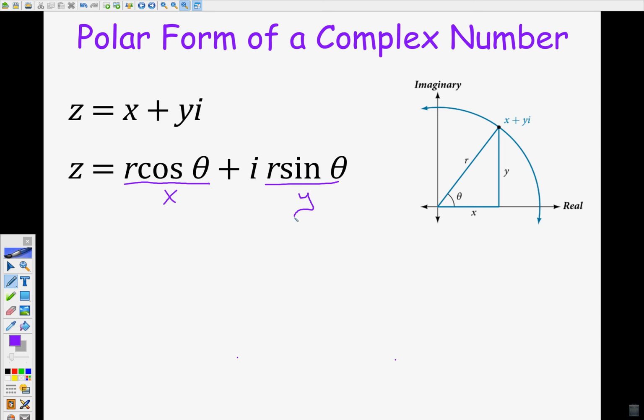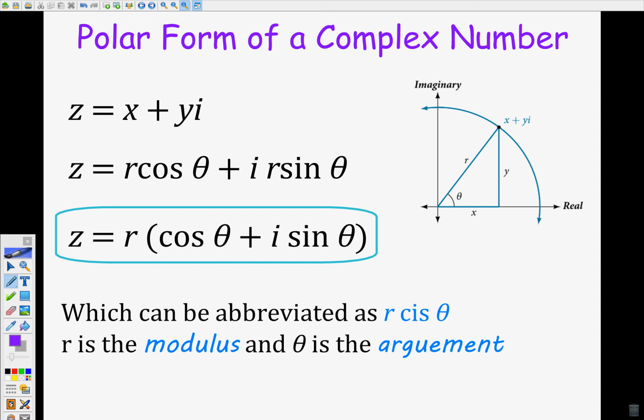We're substituting those in because that's how we switch back and forth between polar and rectangular. Then, if we want to simplify it even more, we're going to factor r out of both terms, and we get r times parentheses cosine theta plus i sine theta, which can be abbreviated even more as r cis theta. So these two are the exact same thing. This one down here is just the shorthand way of writing it.